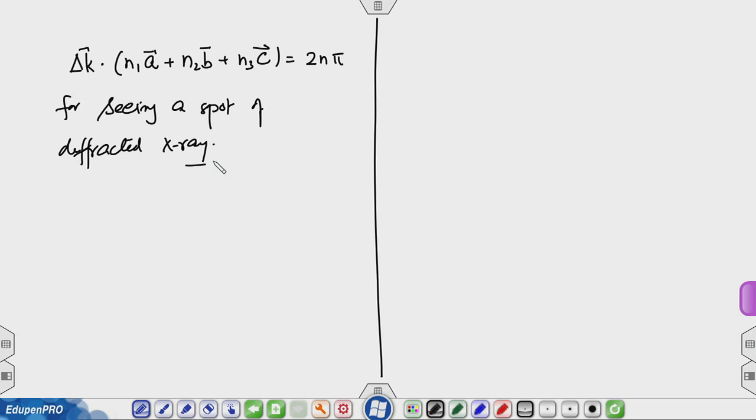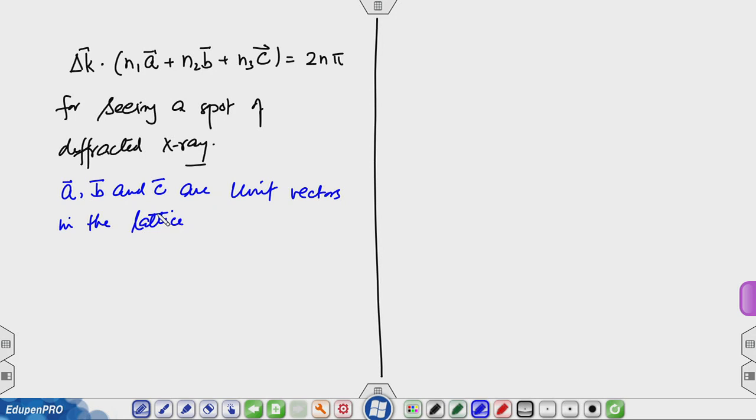This condition can be written very simply, but before that I should say a, b and c are unit vectors in the lattice.